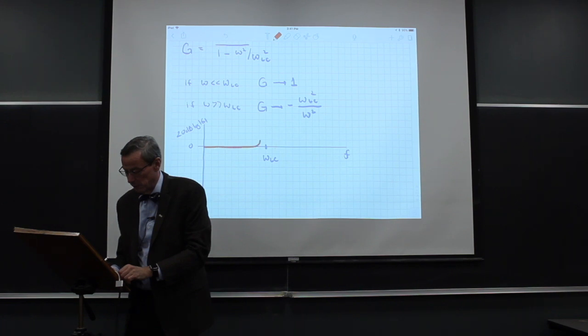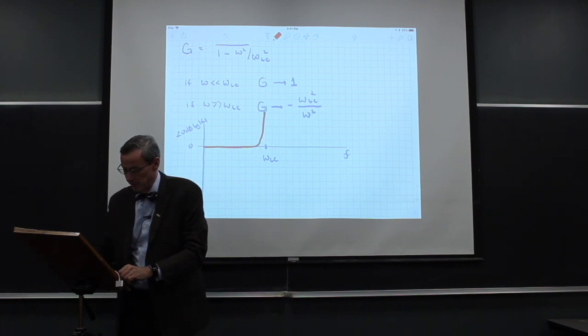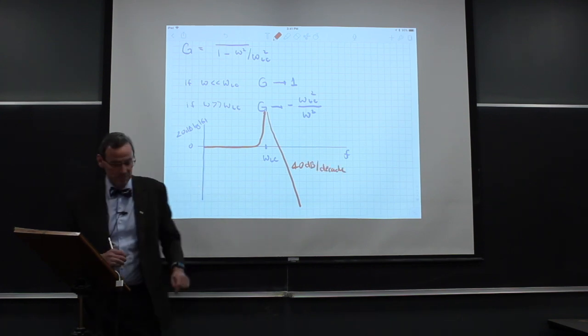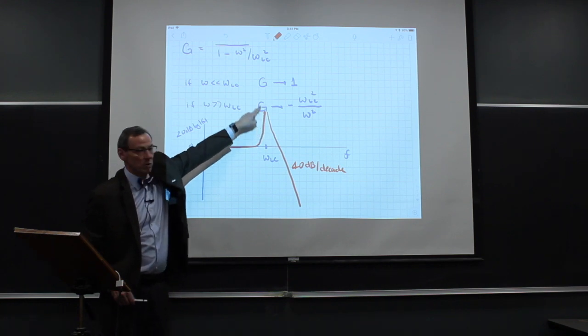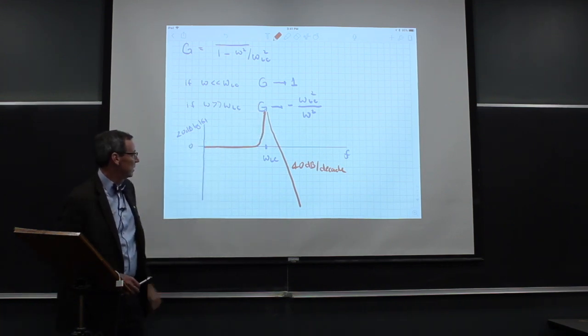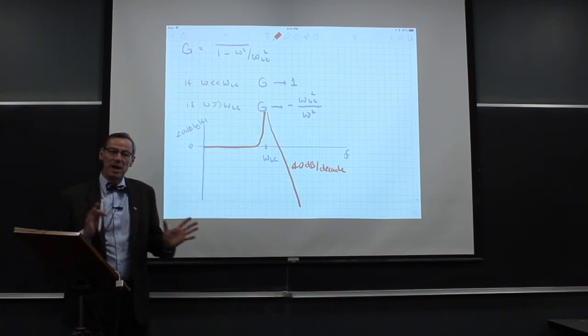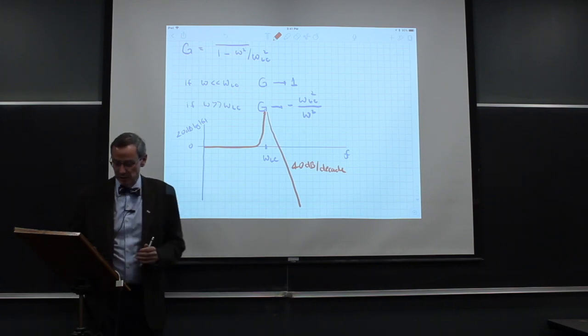At some point it's going to shoot up to infinity and then come down and fall off at 40 dB per decade, with this huge gain right here, which we believe spikes to infinity in this particular case. So that's what happens when we have simply an LC circuit.